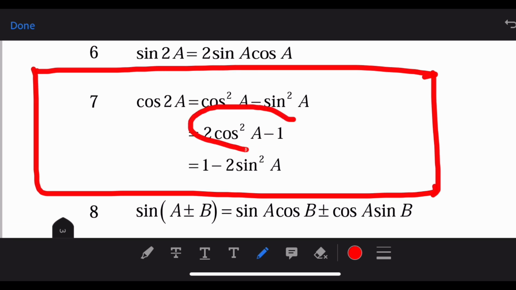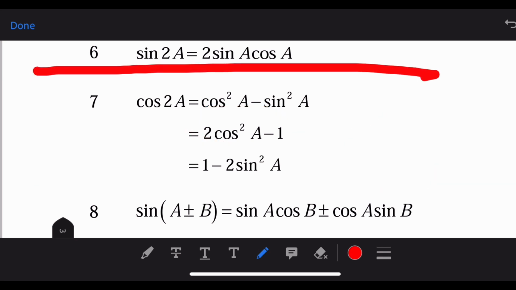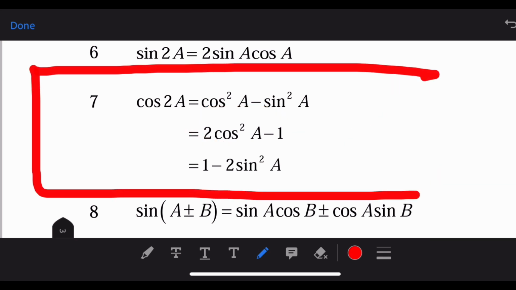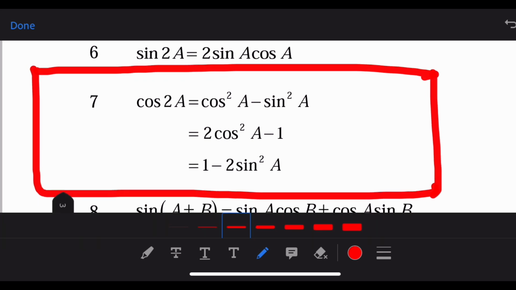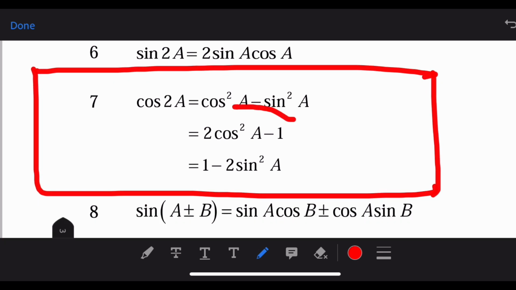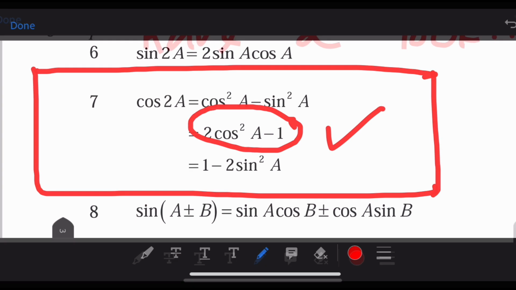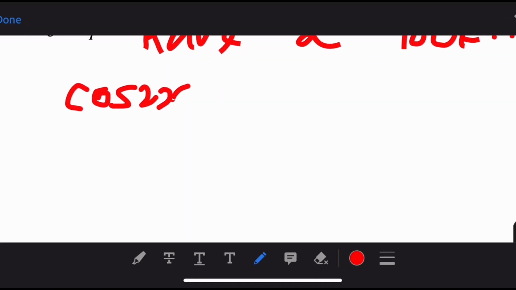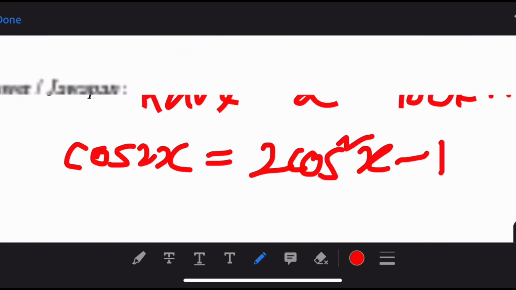The first one is a combination of cos and sine. The second one is all cos. The third one is all sine. So you choose the second one so that you can convert cos 2x into cos x. Alright? Let's continue by using the formula cos 2x equals 2 cos square x minus 1.